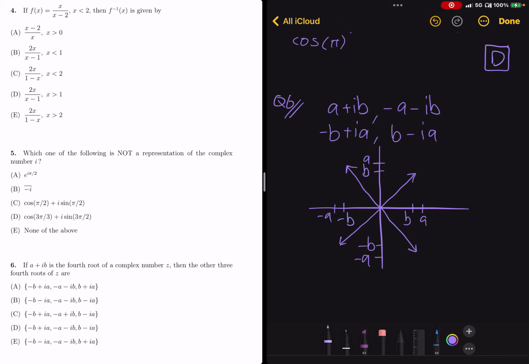So we need minus b plus ia, minus a minus ib, and we also need b minus ia. This appears from the answers we have here. B minus ia appears in D, minus b plus ia appears in D, minus a minus ib appears in D. So from the look of it, the answer here should be D.